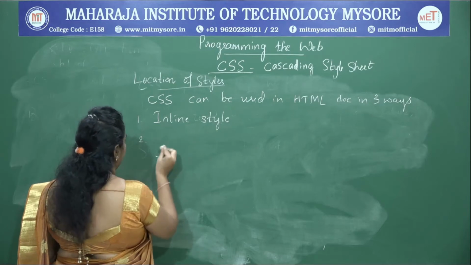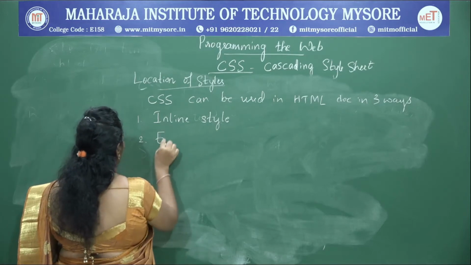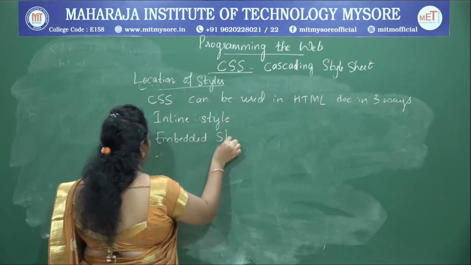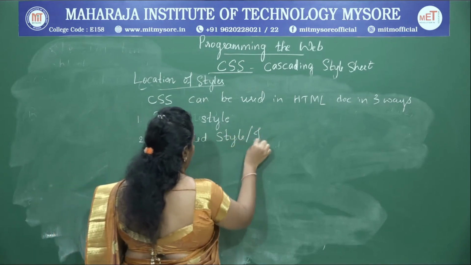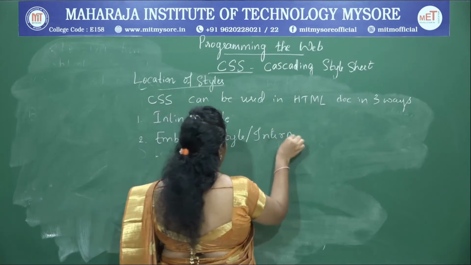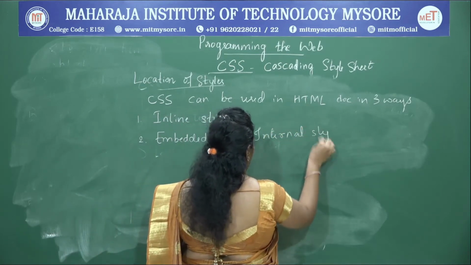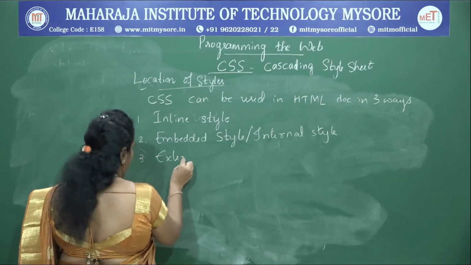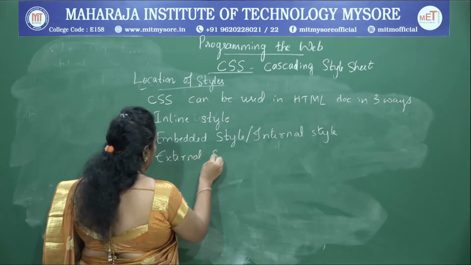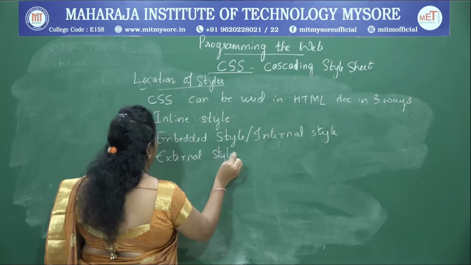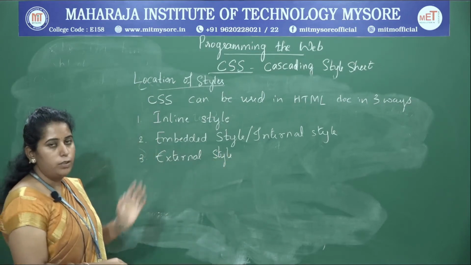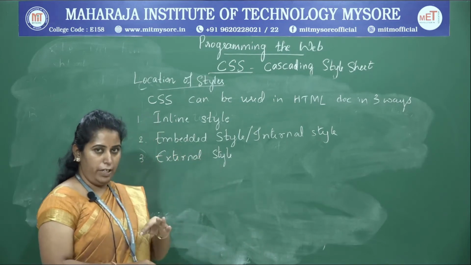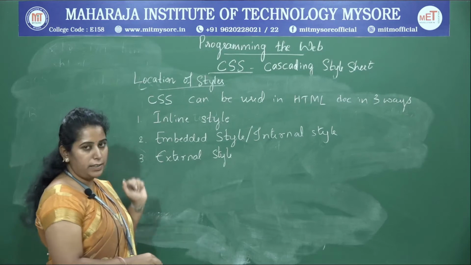Second one is embedded style or internal style. Third one is external style. Okay, so CSS can be used in an HTML document in three ways. So first one, inline style.